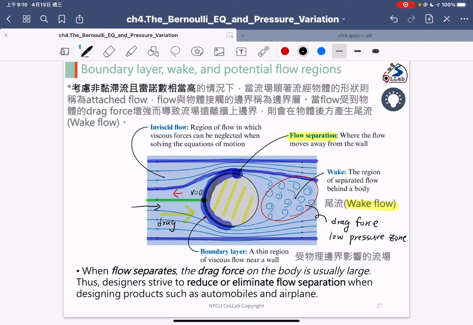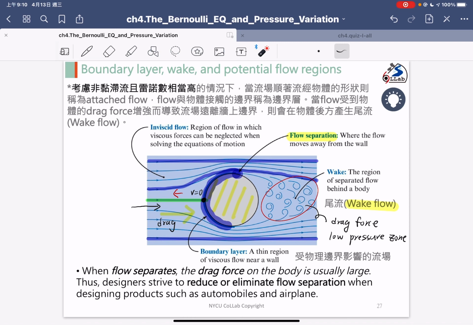So in the following class, I will tell you the reason why we observe flow separation, because the more dangerous, terrible thing from flow separation is the wake flow. Okay, so that's the sentence showing here. For the designers, we would like to reduce the flow separation.